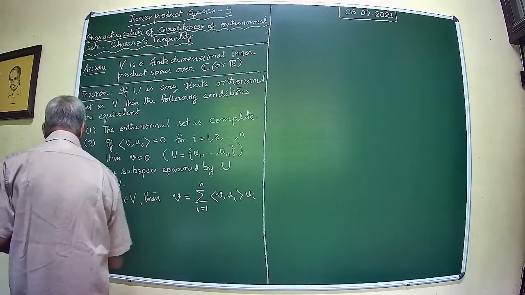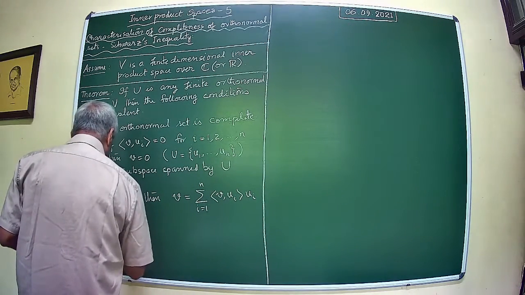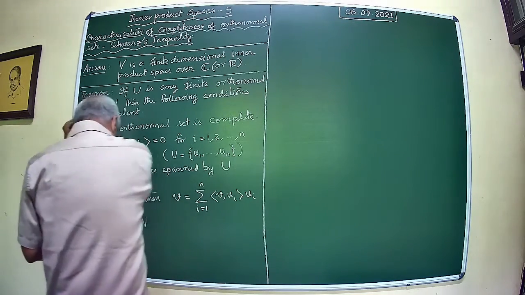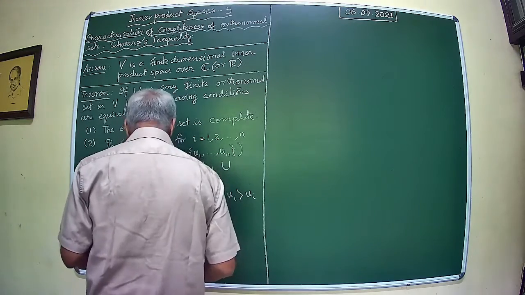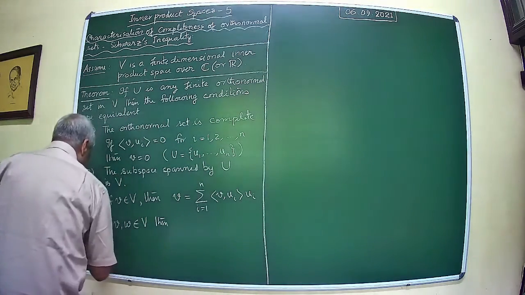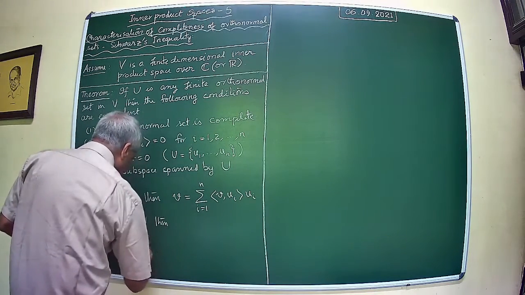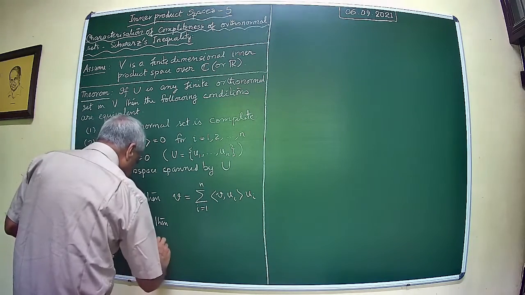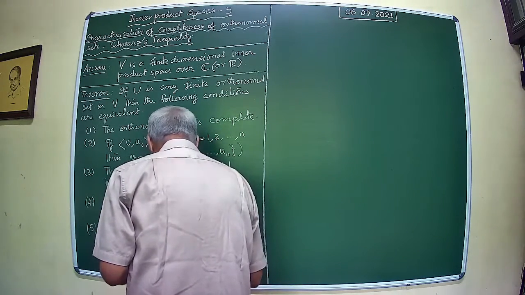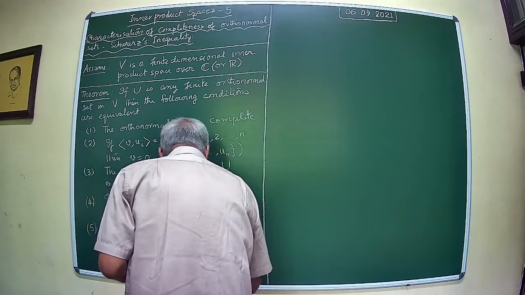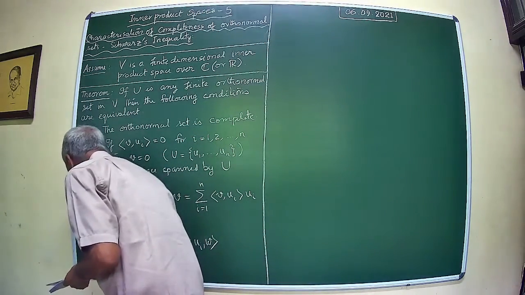The fifth statement is, if V and W belong to V, then Parseval's identity, what you have is that the inner product of V and W is equal to the summation over i of the inner product of V with Ui times the inner product of Ui with W. The sixth equivalent statement is this.